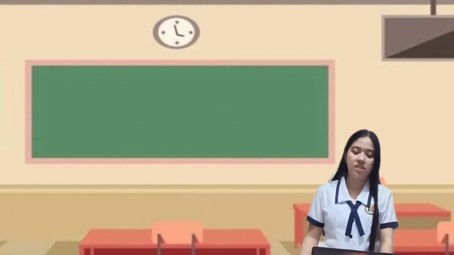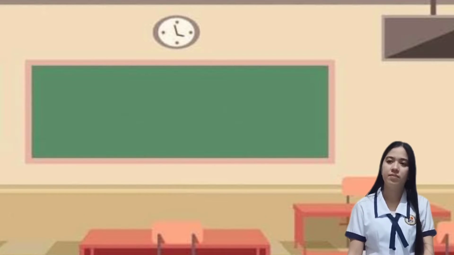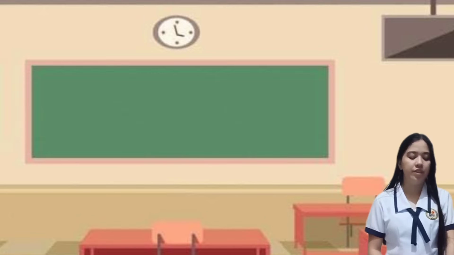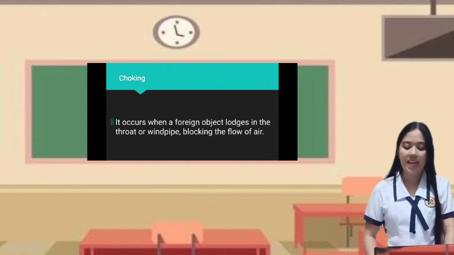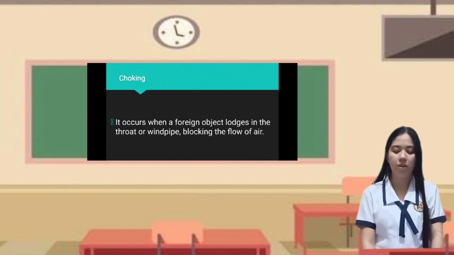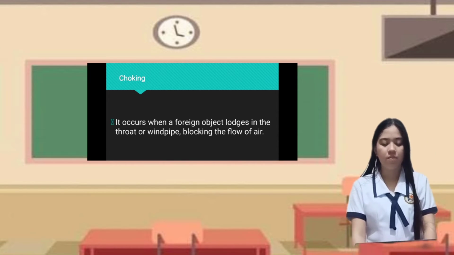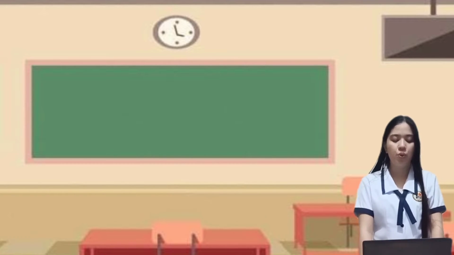So what is choking all about? Good. It occurs when a foreign object lodges in the throat or windpipe, blocking the flow of air. So, this is the first aid for choking.